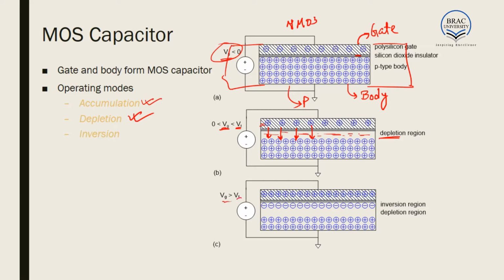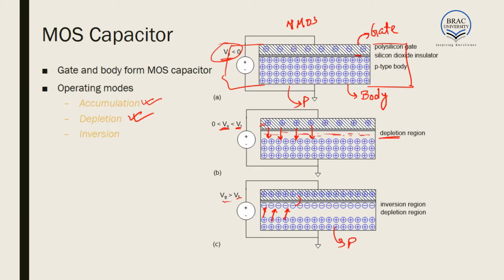When the gate voltage is more than that threshold voltage, then what happens? The body is a p-type substrate, but there are minority carriers, or electrons, there. These electrons are attracted by the positive charge and get accumulated at the contact between the positive and negative charges.